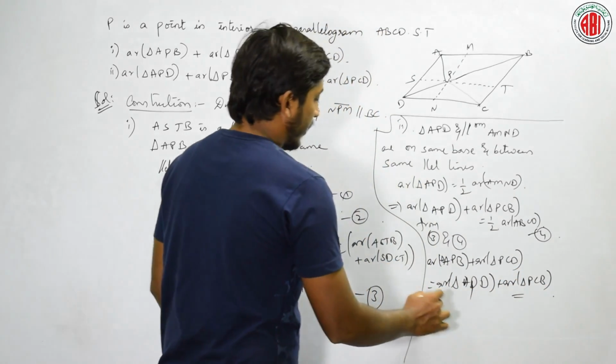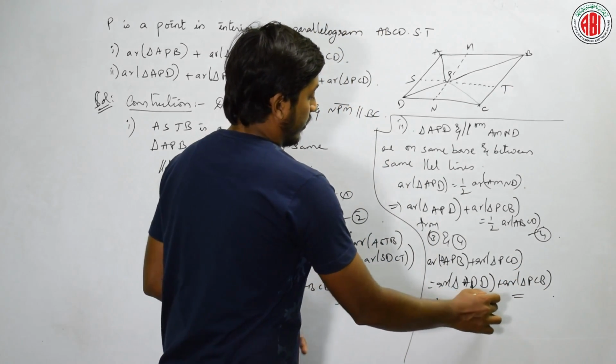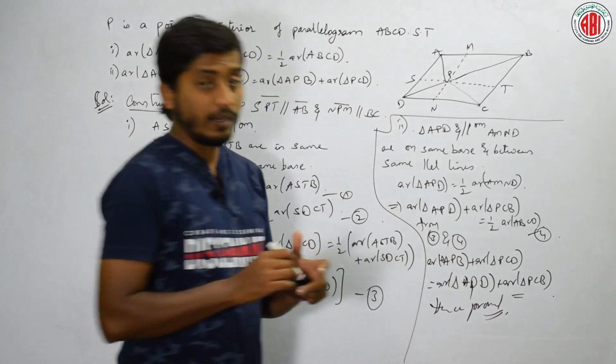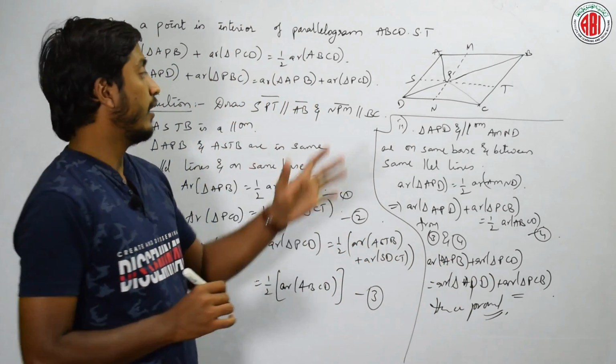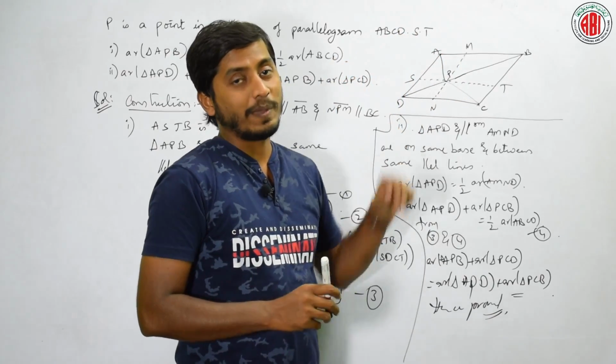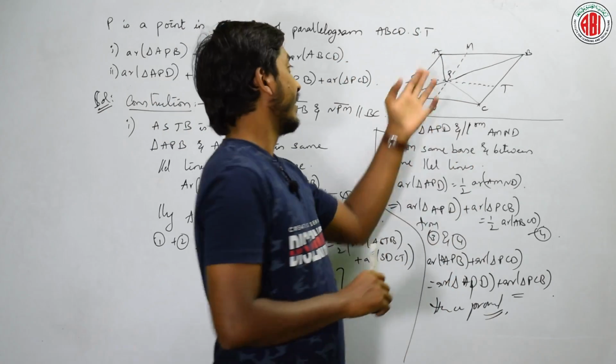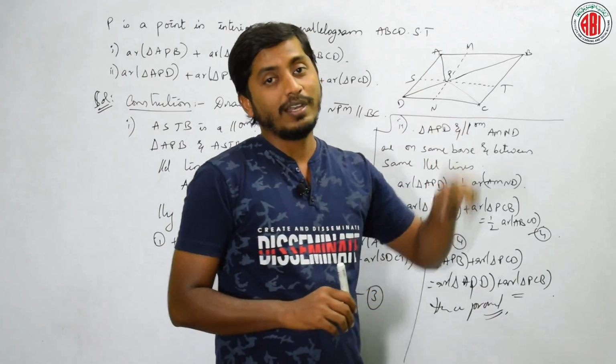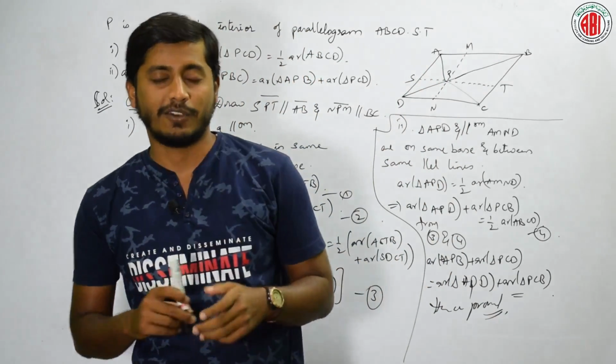Clear? Did you understand? The only thing we have to remember is only one proof, that if a triangle and a parallelogram are between two parallel lines, then the triangle will be half of the whole parallelogram. Clear? Shall we move to the next problem?